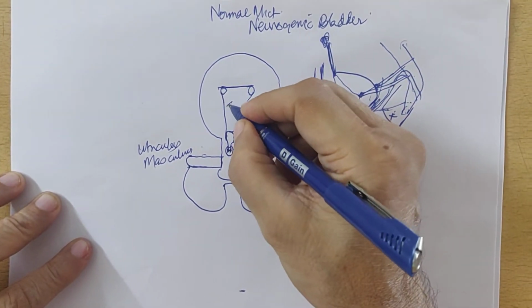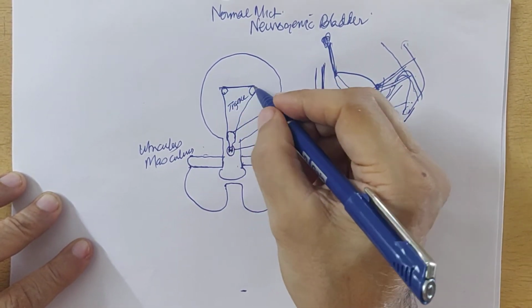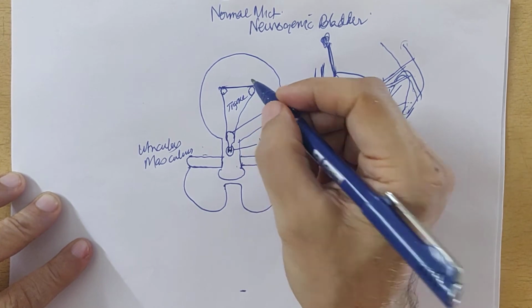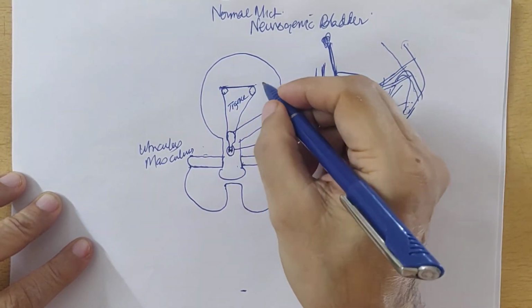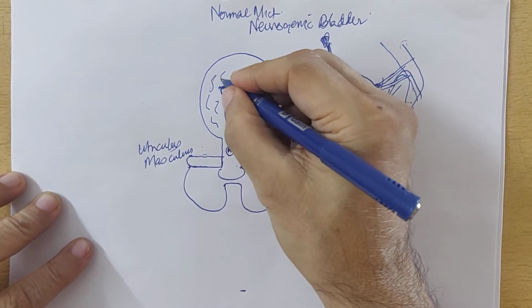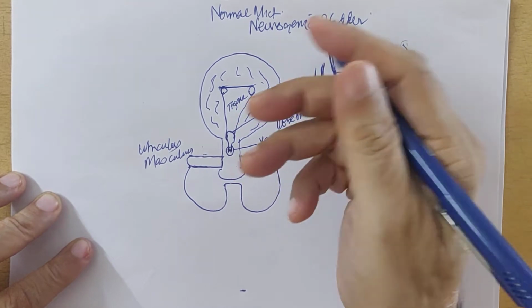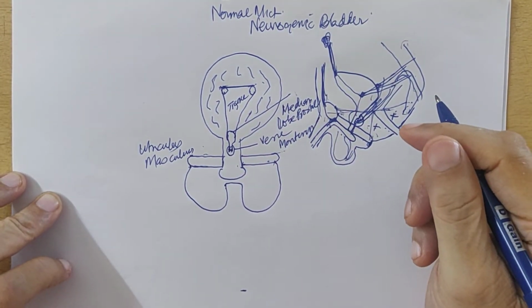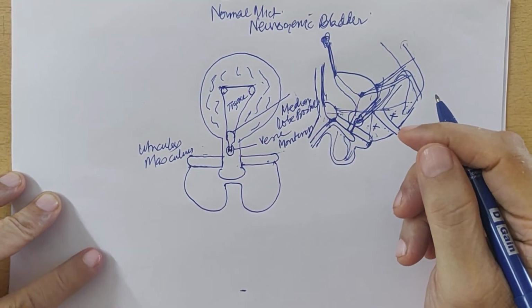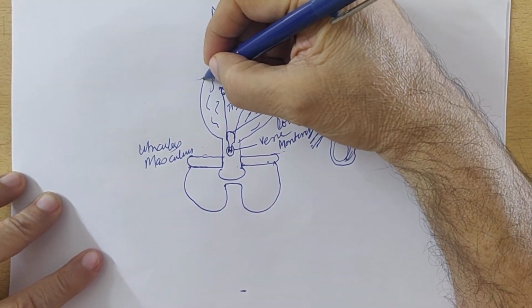And here you have the trigone, which consists of a smooth mucosa. Here you have the ureteric opening, and you have the interureteric crest, and here the mucosa is rugose, and therefore in a distended bladder you will not be able to see the rugosities, but in a collapsed bladder you will always be able to see them.